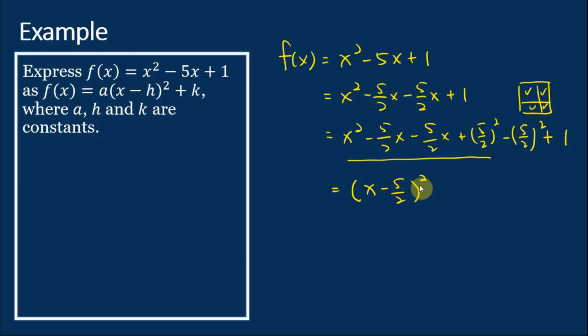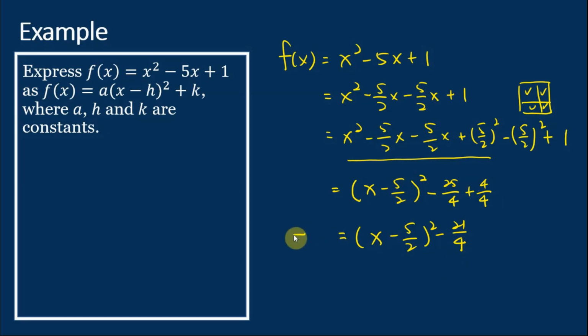We still have this outside the bracket, so this is 25 over 4, since 5 squared equals 25 and 2 squared equals 4, and then plus 1. And 1, we make it 4 over 4. Therefore this is equal to x minus 5 over 2 squared minus 21 over 4.